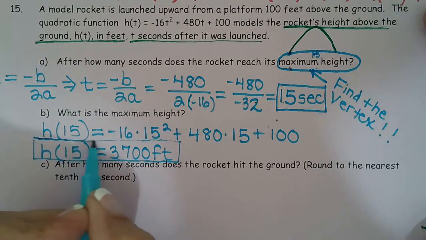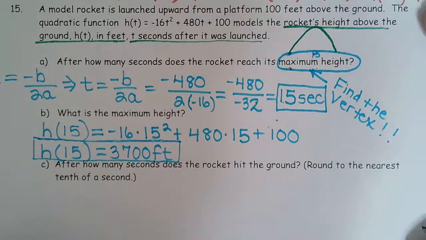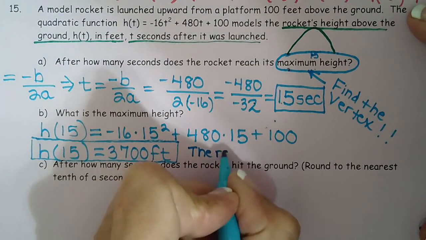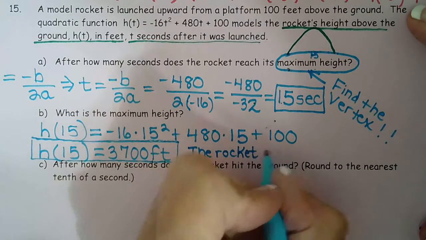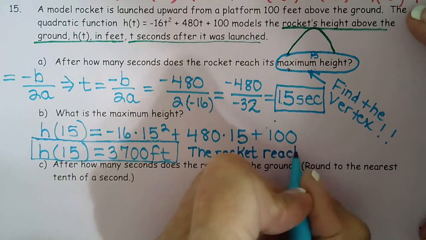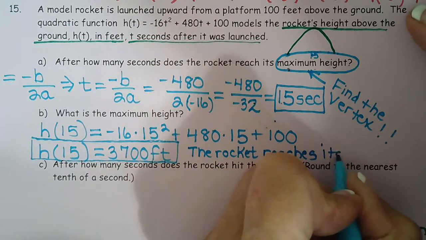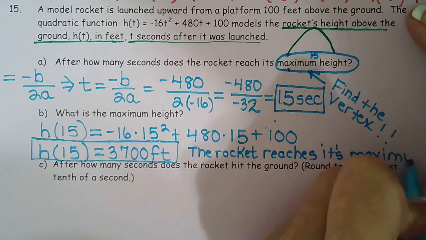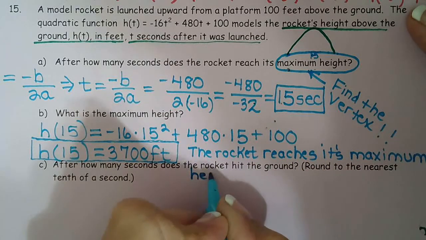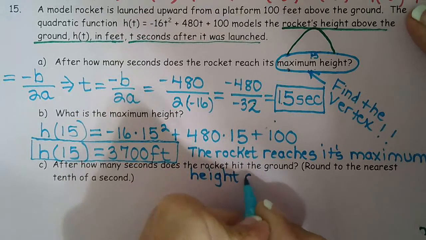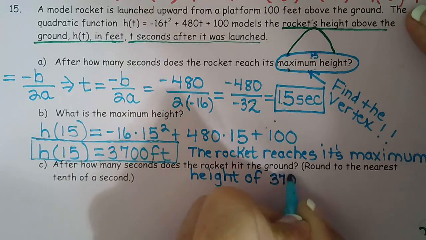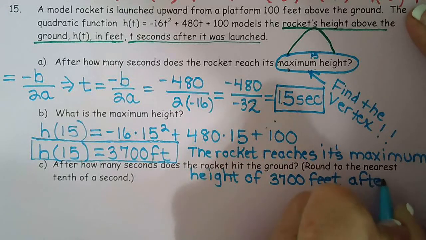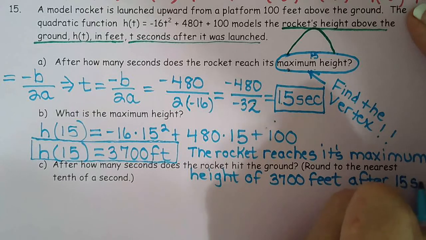And lots of times they have you write a sentence about this. So let's go ahead and practice. The rocket reaches its maximum height of 3,700 feet after 15 seconds.